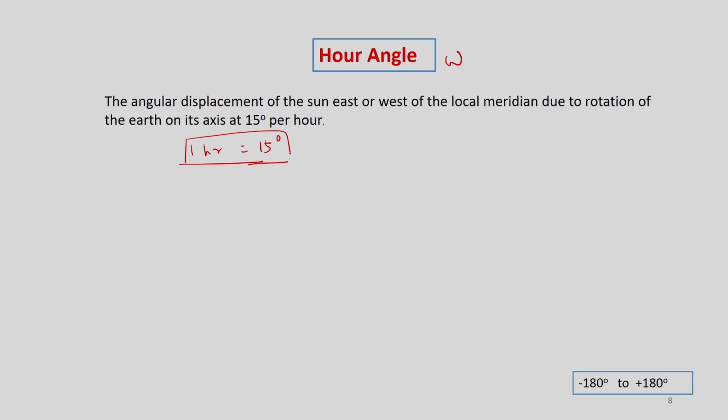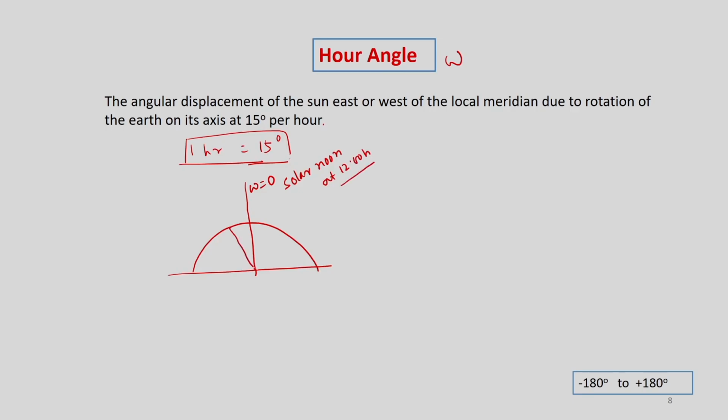Okay. So, if we plot it this way, and we draw a line here, this is omega equal to 0, and this is called solar noon at 12:00 hour.